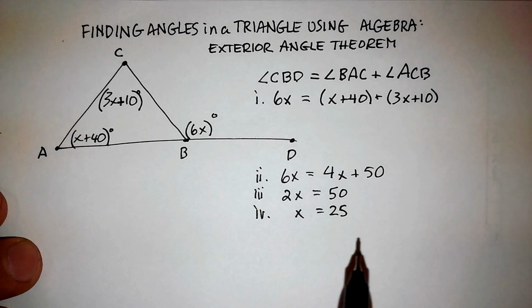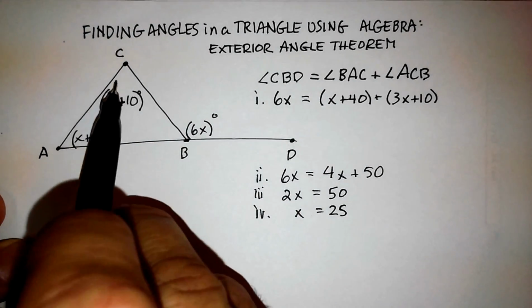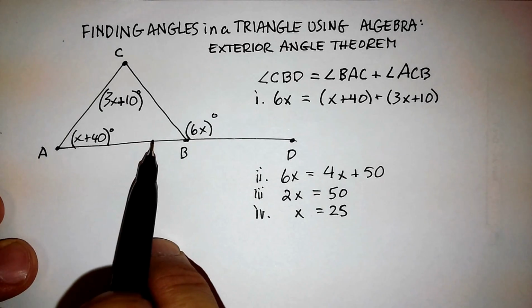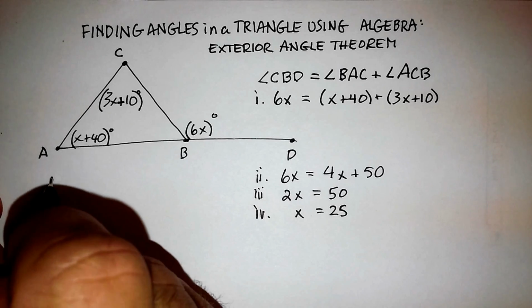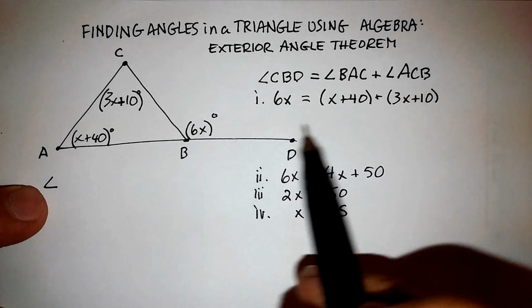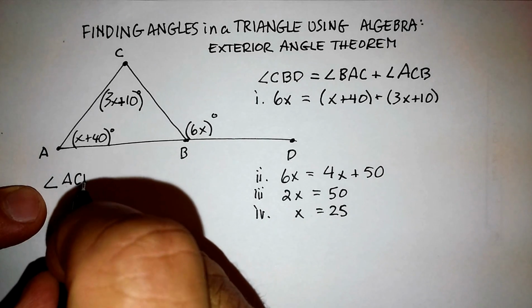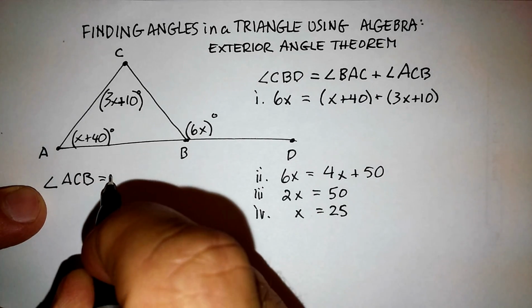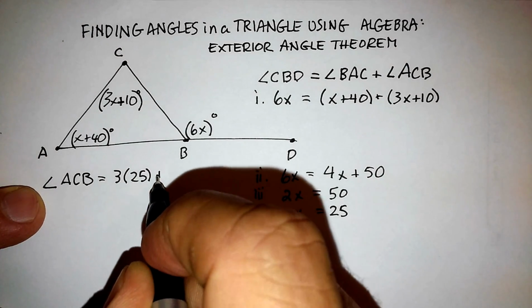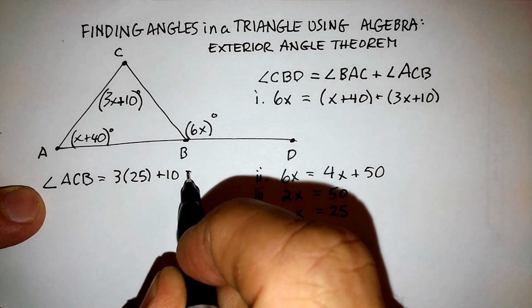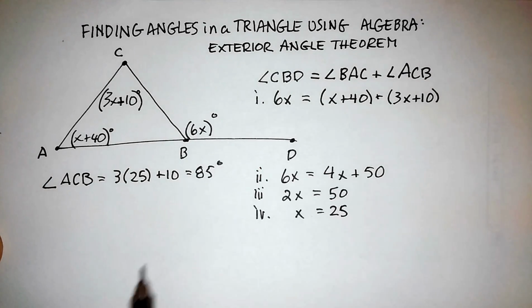Now, what does that do for us? We go back in and plug 25 into all the x's, and we can figure out whether our angles are correct or not, okay? So let's start with this angle here. We call it ACB, so angle ACB would be equal to 3 times 25 plus 10, which is equal to 75 plus 10, or 85 degrees.